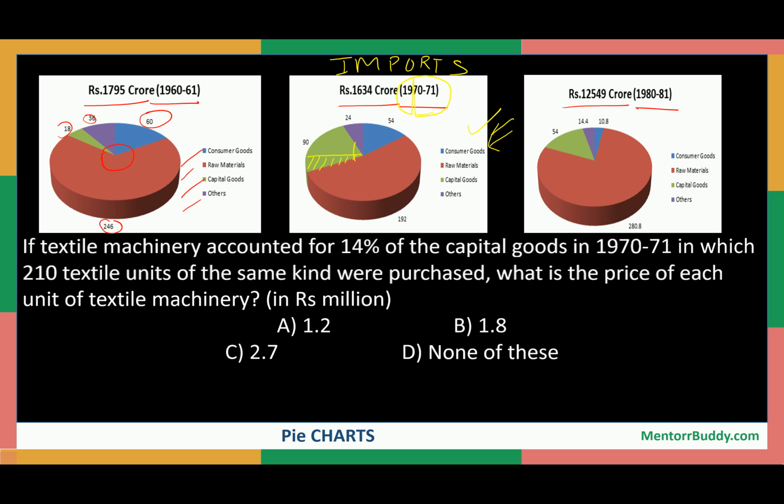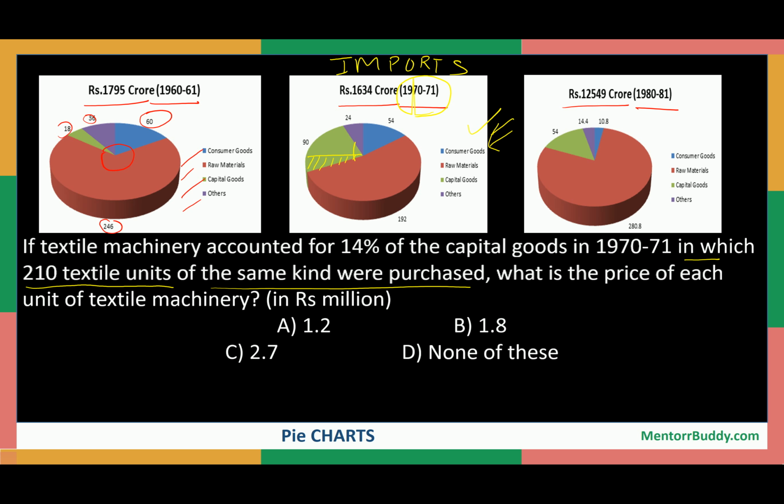So from among the capital goods, 14% is textile machinery, right? And in it, 210 textile units of the same kind were purchased. It means that this textile machinery contains 210 textile units.